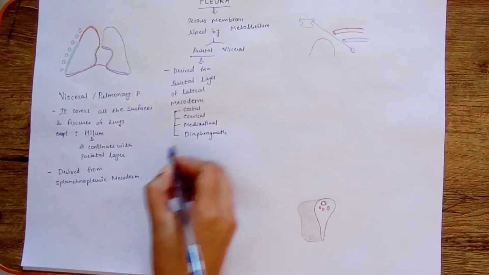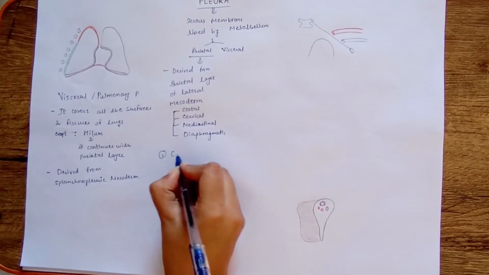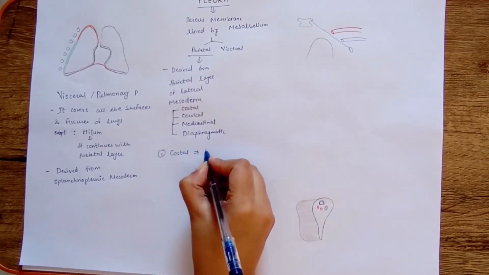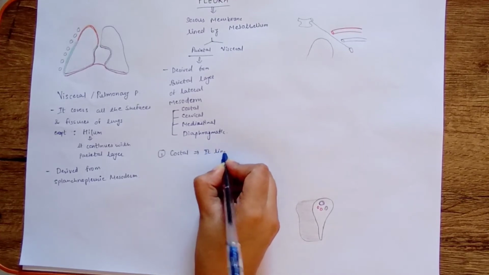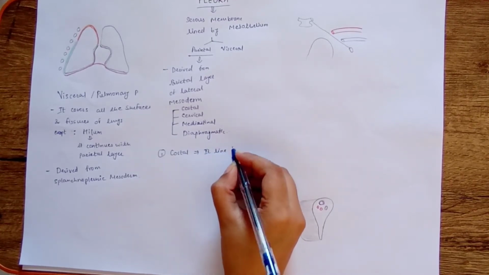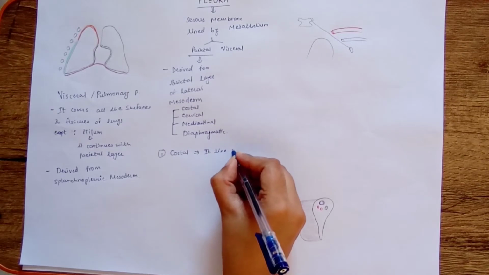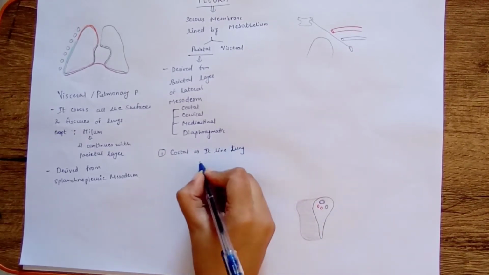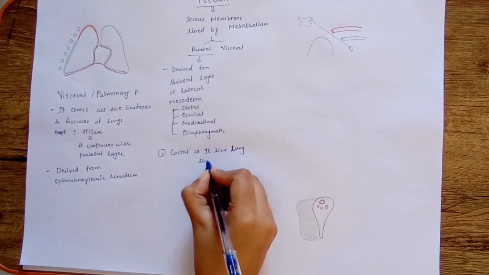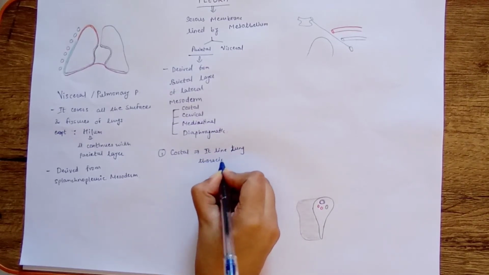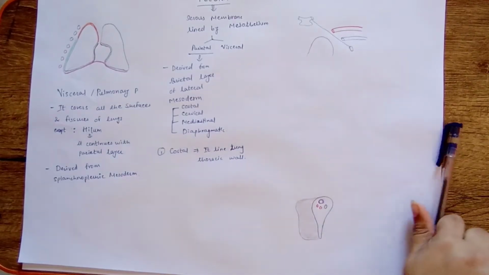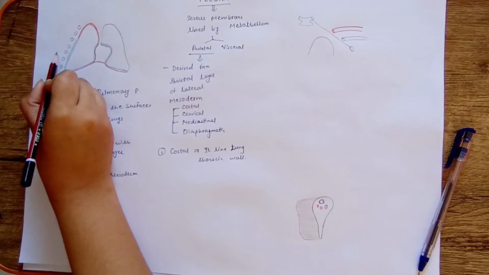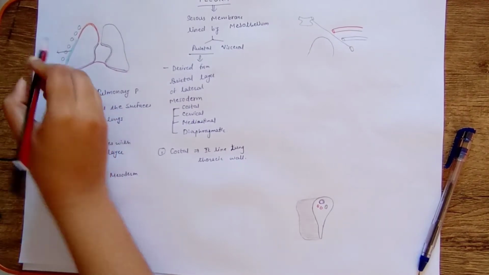So first is costal pleura. As the name suggests, it lines the thoracic wall. It lines the lungs beyond the thoracic wall. So here in this diagram, the costal layer is denoted with green color.